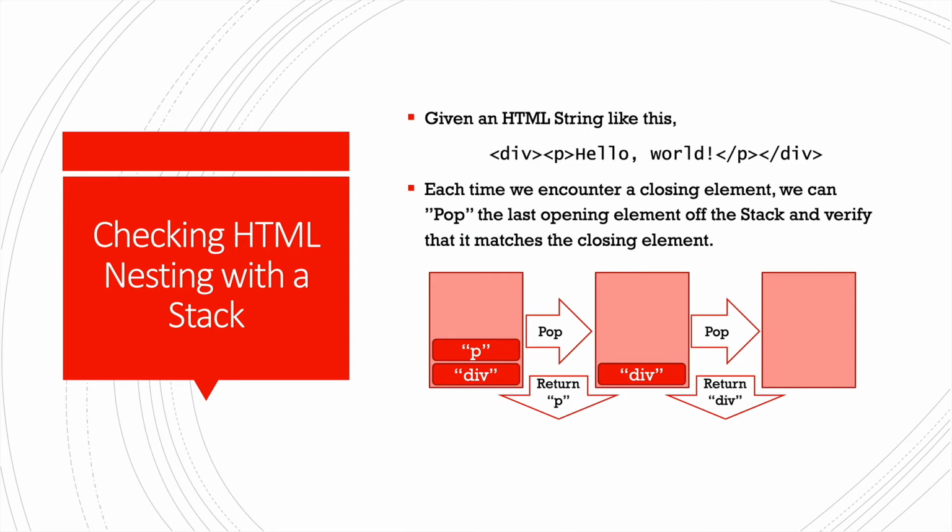Then, each time we encounter a closing element, we can pop the last opening element off of the stack and verify that it matches the closing element we just encountered. So in this case, we would first pop off the opening paragraph tag, and then we would pop off the opening div tag, because that's the order in which they were pushed onto the stack.